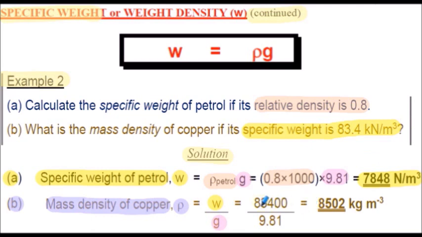Insert in the values. Just notice that 83.4 kilonewtons per meter cubed is actually 83,400 newtons per meter cubed, and divide that by 9.81. So the mass density of copper is 8,502 kilograms per meter cubed.